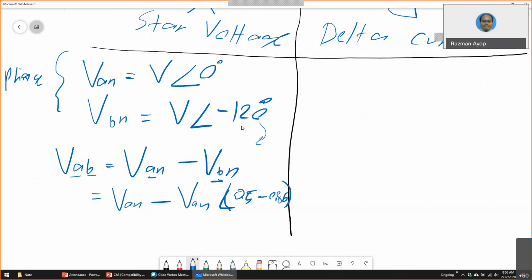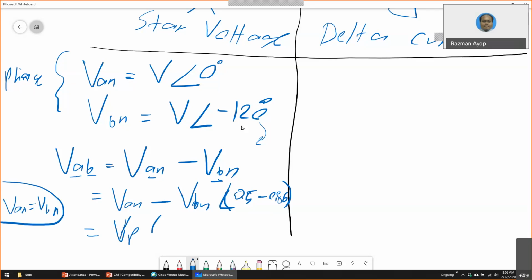Basically VAN and VBN have the same magnitude, just equal to V, or you can use VP, because this is the phase voltage.